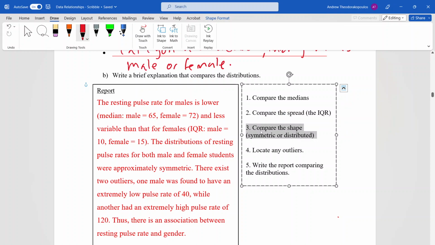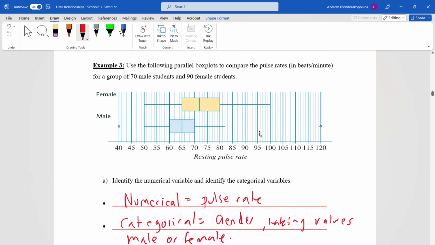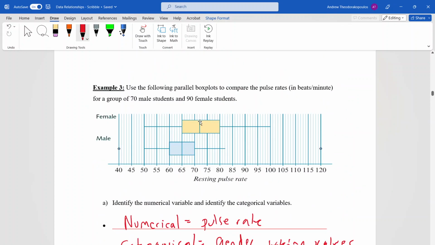Then, because they're box plots, we can talk about the shape. So is it symmetric or skewed? Remember what we said a couple of lessons ago? If it is symmetric, the median seems to be in the middle of the box, and the two whiskers seem to be even in length. Otherwise, the median would push to the left and one of the whiskers would be bigger.